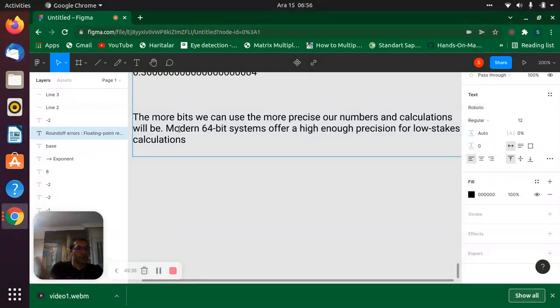So we don't have enough storage to store these numbers to make some calculations.